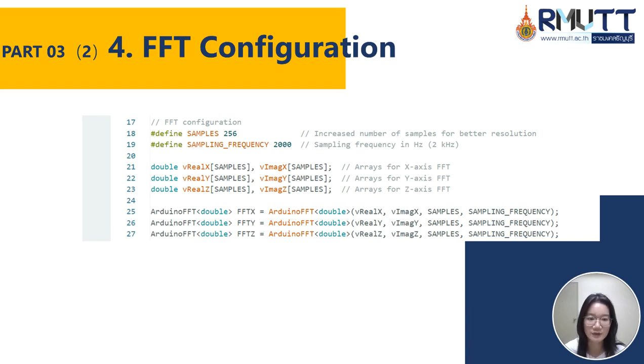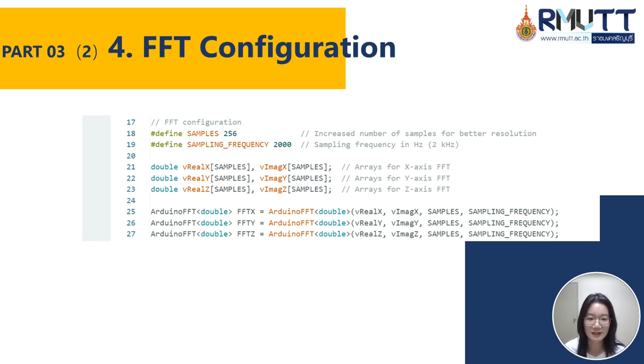Each FFT calculation uses 256 data points, and the sampling frequency is 2000.